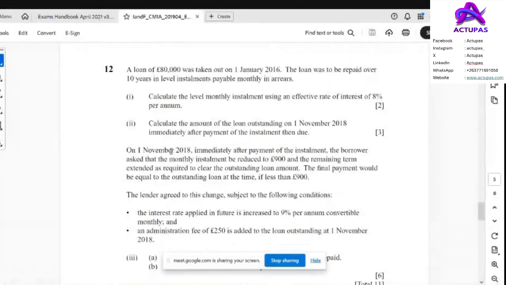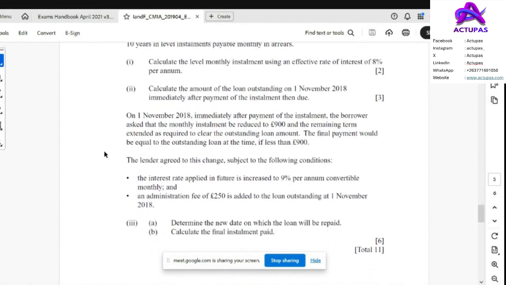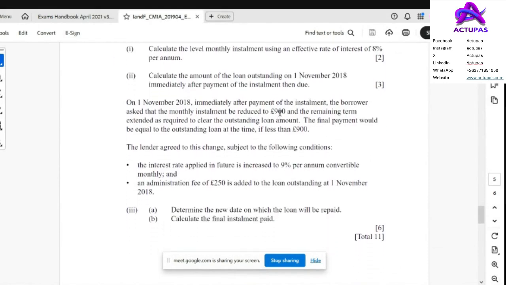So for part 3, on 1 November 2018, immediately after payment of the installment, the borrower asked that the monthly installment be reduced to 900 from 958, and the remaining term extended as required to clear the outstanding loan amount. The final payment should be equal to the outstanding loan at the time, if less than £900.